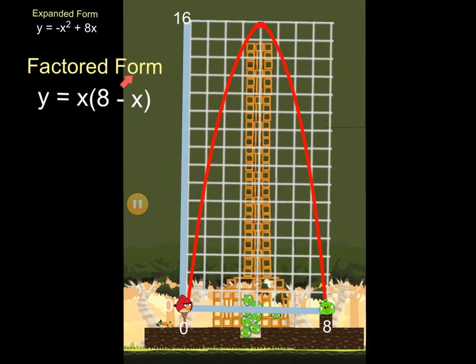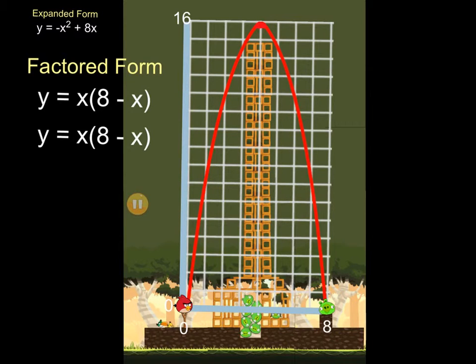Oftentimes, the factored form is a more usable quadratic form. It better allows you to find your x-intercept points, which then allows you to find where your line of symmetry is, which then will lead you to your vertex. Let's see how that works in this example.